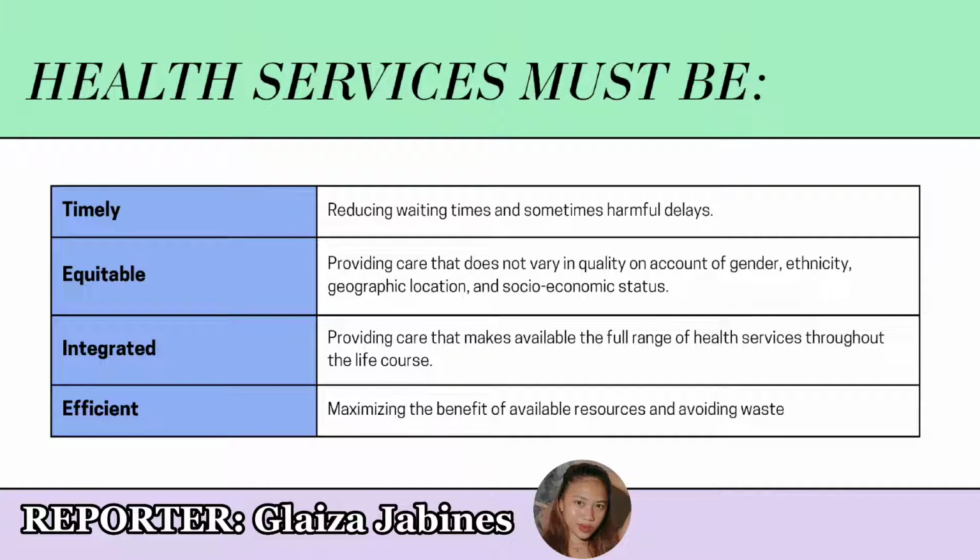Ibot lang ang public dental clinics. So, ibot lang ang available. So, if you are true to your services, mangita ka og way on how you will be able to maximize the benefits of available resources. How you will going to expand your services.